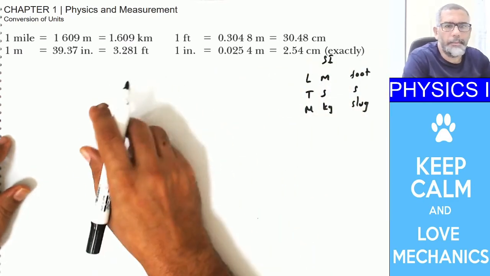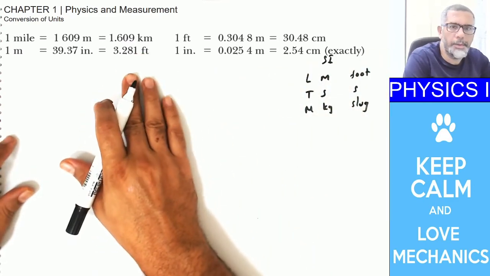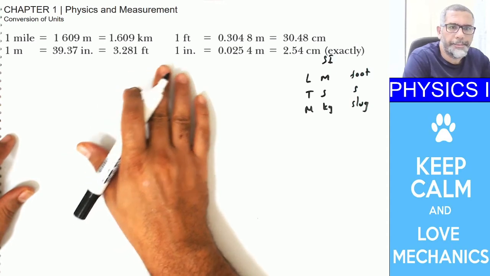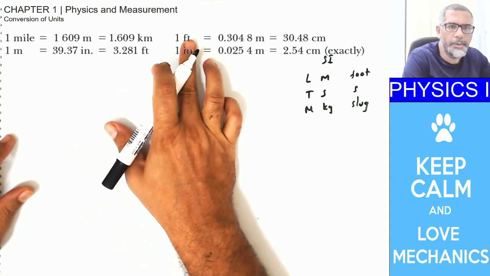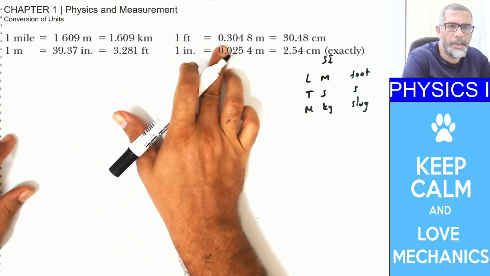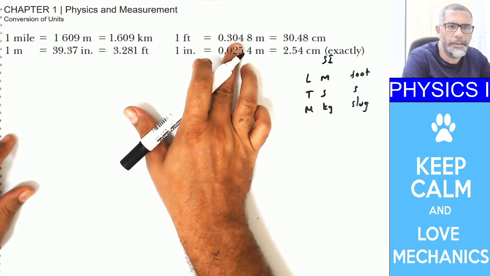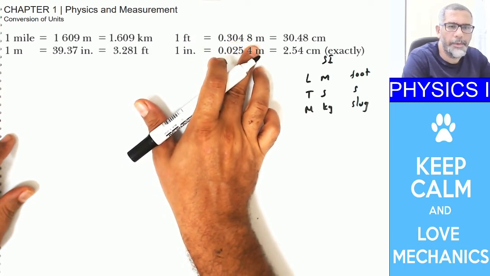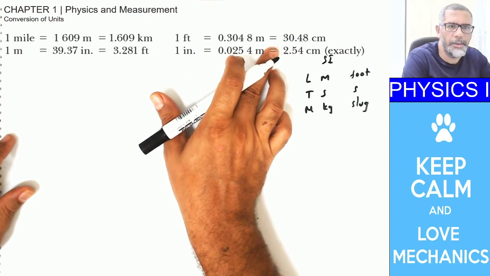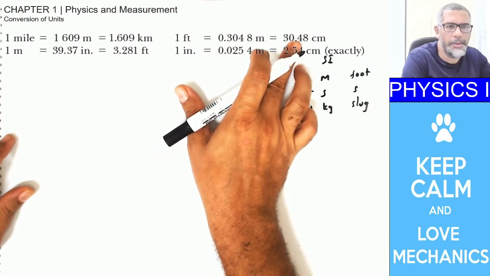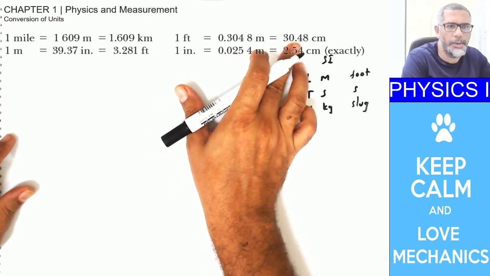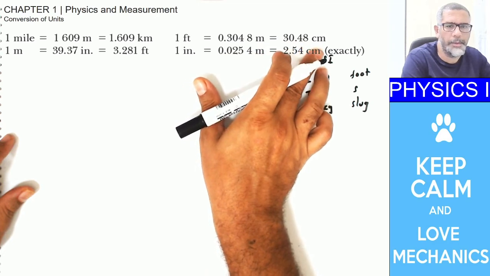So in this one, what you see is the foot is equivalent to 0.3048 meters. It's a conversion factor, or in terms of centimeters in the SI unit system, it is 30.48 centimeters.